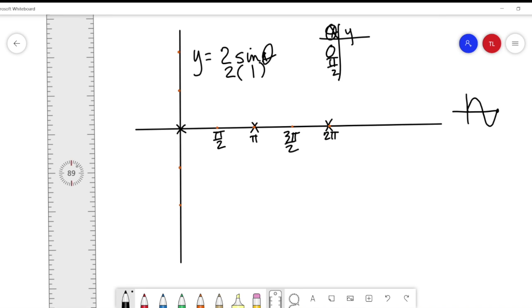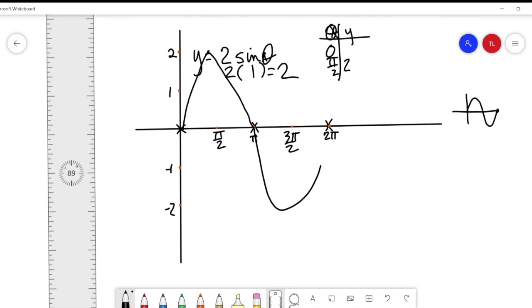So then that y value is equal to what? So at pi over 2, if this is plus 1, this is 2, so that means it goes up here, comes down. How far down do you think it'll go?